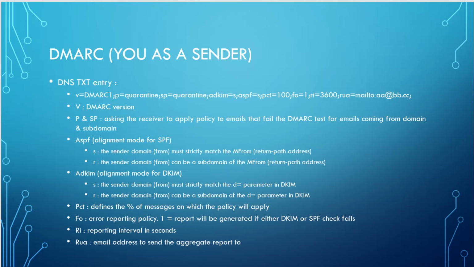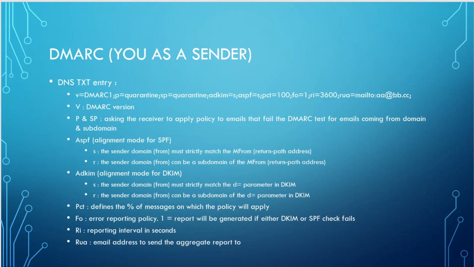And it has to be a strict match between the two in this mode. If it's in the relaxed mode, you can use a subdomain. For DKIM, it's the same principle. It will compare the domain of the sender address to the D parameter in DKIM. It has to be strictly the same for strict, and can be a subdomain for relaxed.